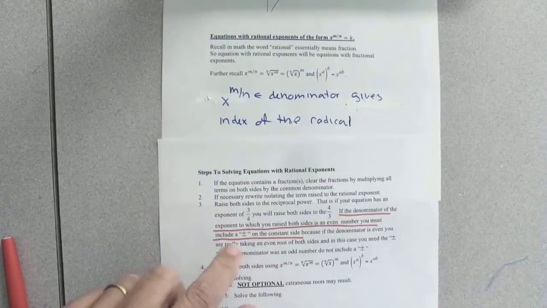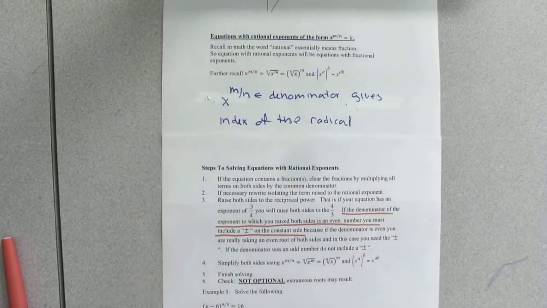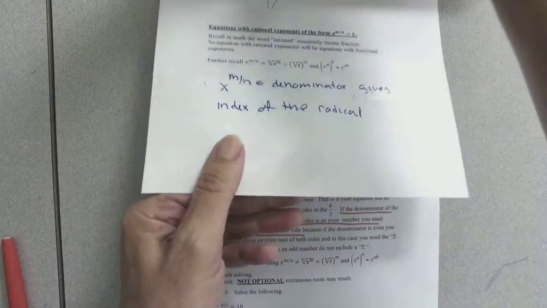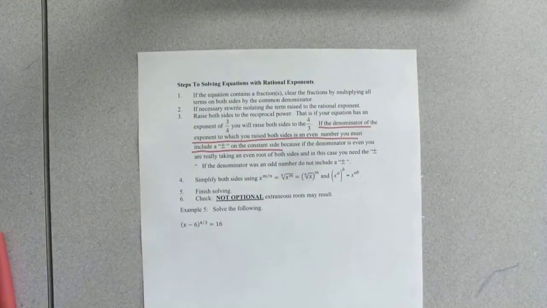And so anytime this denominator of the exponent you're using is even, you're taking an even root. And when you take an even root of both sides, you have to include a plus or minus. If the denominator is an odd number, you do not need to include the plus or minus. And somehow you just have to remember, when do I include the plus or minus, when do I not? You just have to think.